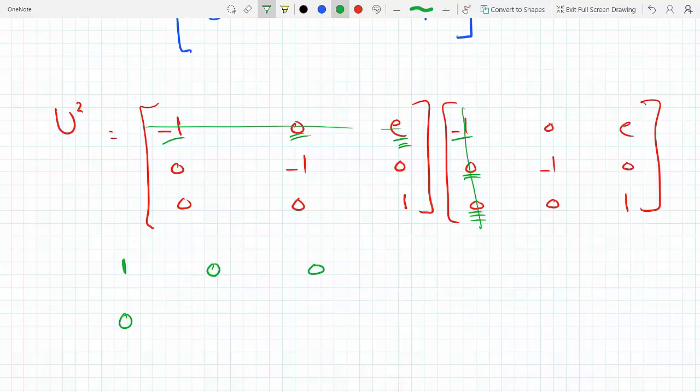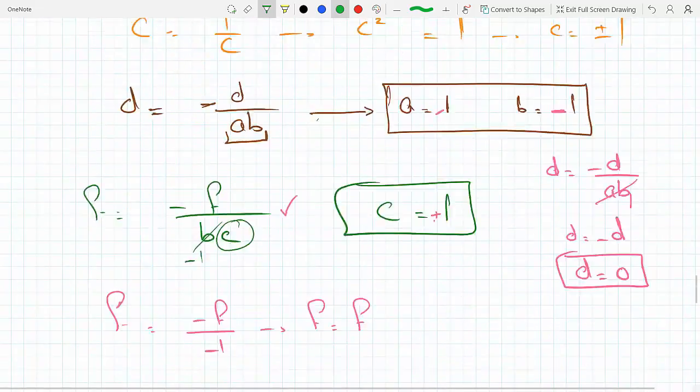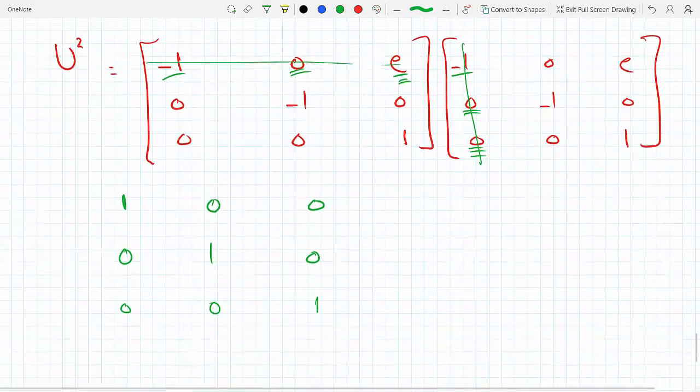Then 1, 0, and the rest zeros, and then 1. Great. What is it? The identity matrix, right?